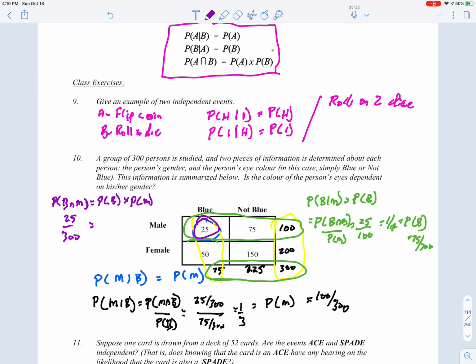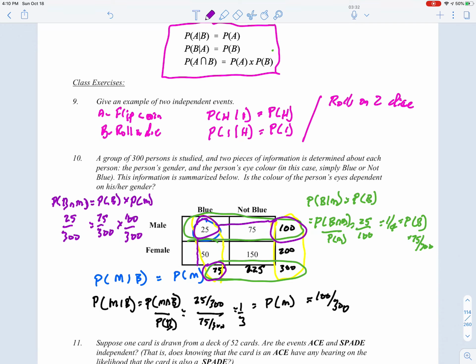And that should be equal to, and what you do is you simply take the intersection of the two, which gives you your marginals. So the probability of B is 75 out of 300. And the probability of M is 100 over 300.